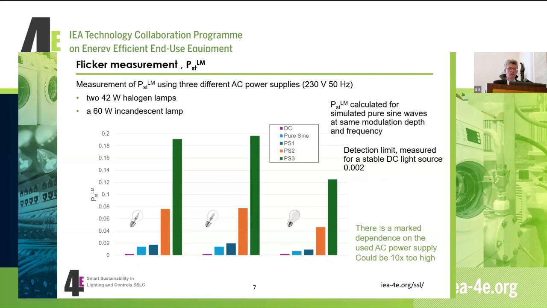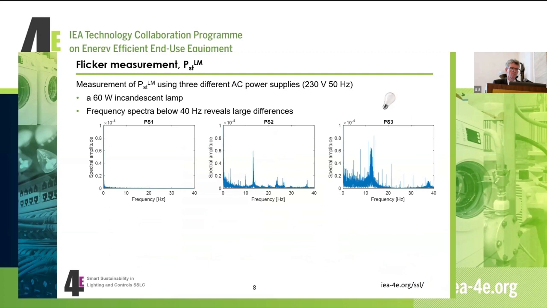So we can say there's a marked dependence on the AC power supplies used, and we could measure values that are 10 times higher than the expected reference values. We would like to be able to say something about this or indicate the uncertainty when using different types of power supplies.